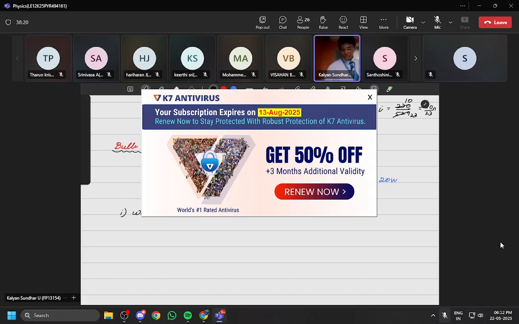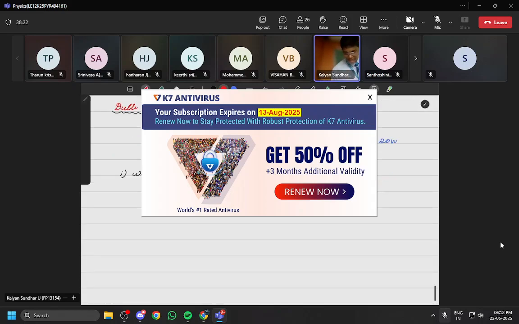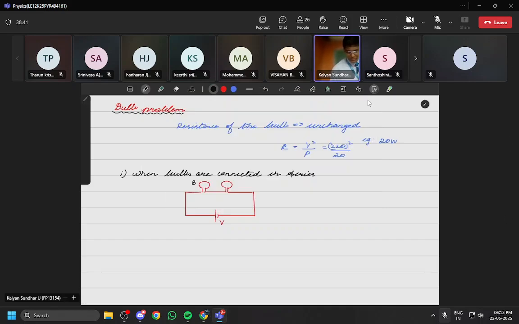Right? So I'm just going to take two bulbs here, which are being connected with some source value. Let it be bulb 1 and let it be bulb 2.